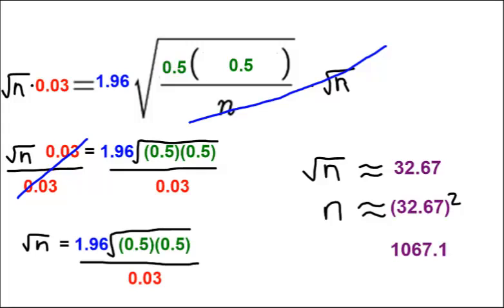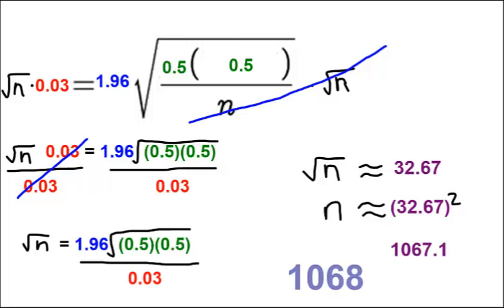When computing sample size, we always round up to ensure the confidence level we want, and conclude that we need at least 1068 responses to keep the margin of error as small as 3% with a confidence level of 95%.